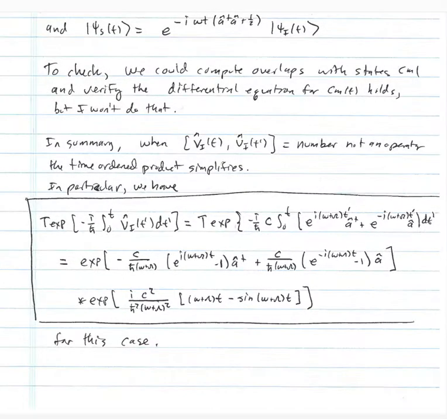That's the explicit expression, an exact operator expression for the interaction representation time-ordered product. We multiply it by e to the minus i omega t (a dagger a plus a half) on the left, and we get the full time-ordered product for the time evolution operator of this complicated time-dependent Hamiltonian.